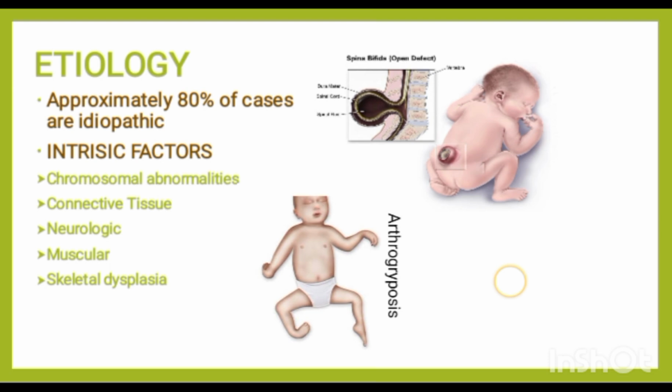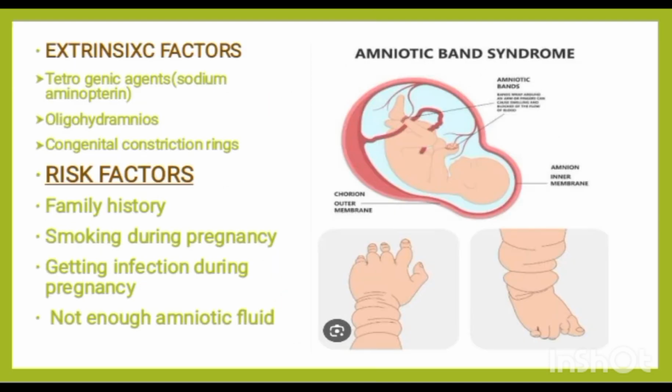Extrinsic factors involve teratogenic agents, oligohydramnios, a condition where there is not enough amniotic fluid that affects the movement of a fetus in the womb, due to which a child may present with a clubfoot. Moreover, the extrinsic factors also involve congenital constriction rings.